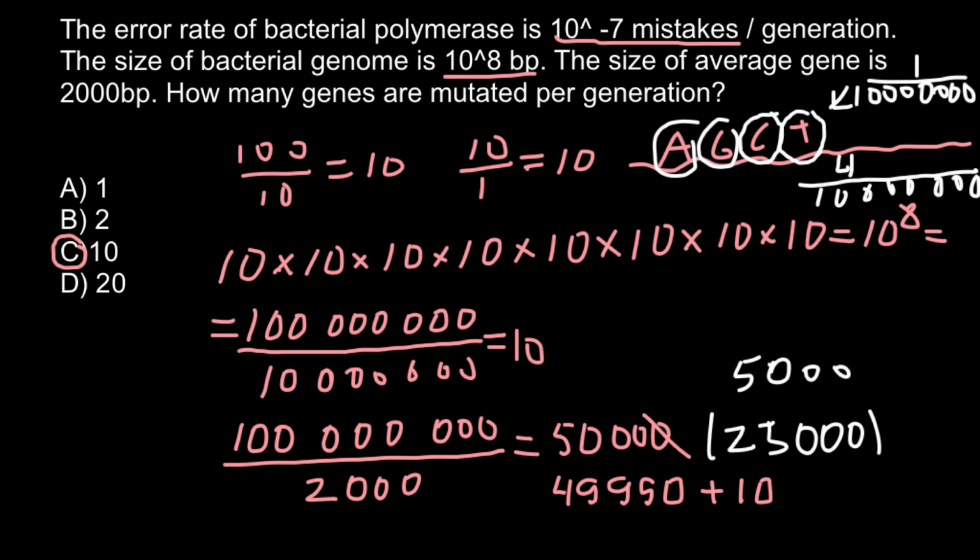But what if instead of 50,000 here we would have 5,000 genes? Would it affect our calculations? In this case, I would say that 4,990 genes wouldn't have a mistake, and 10 genes would have a mistake.